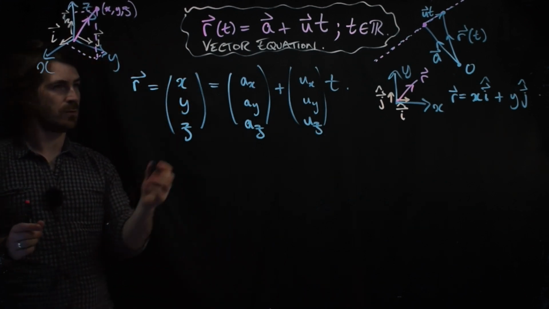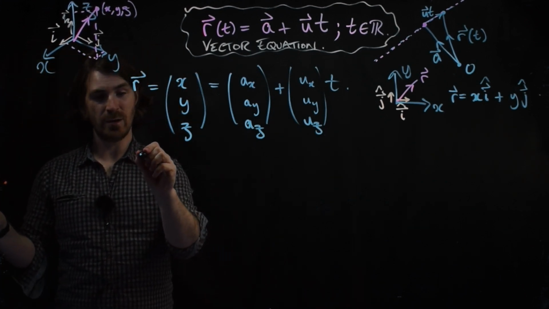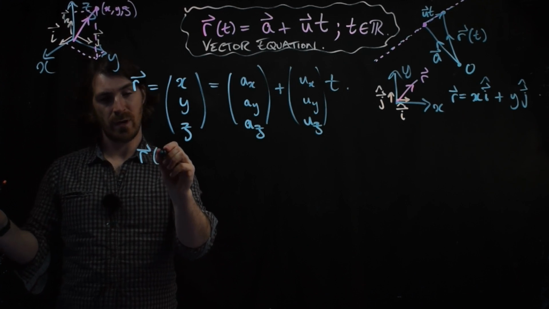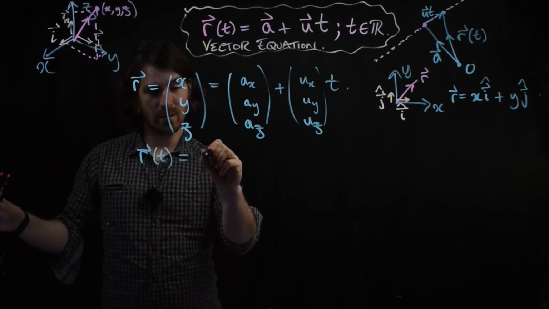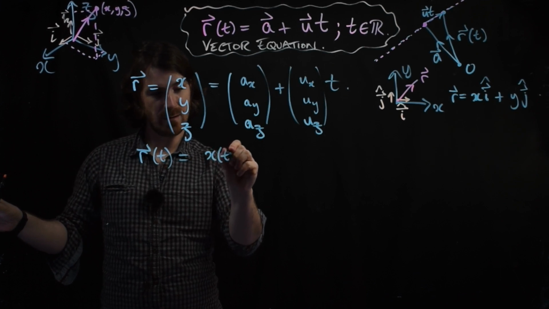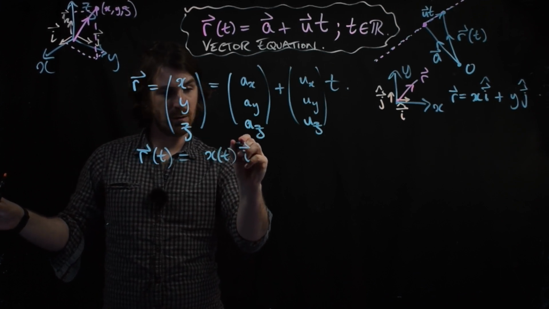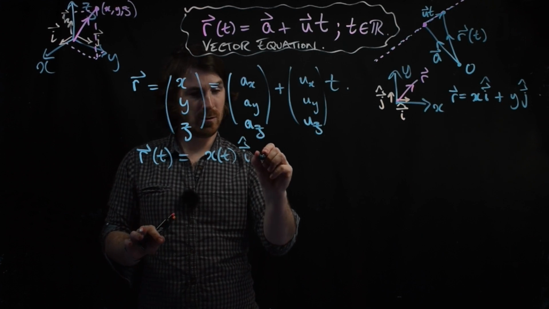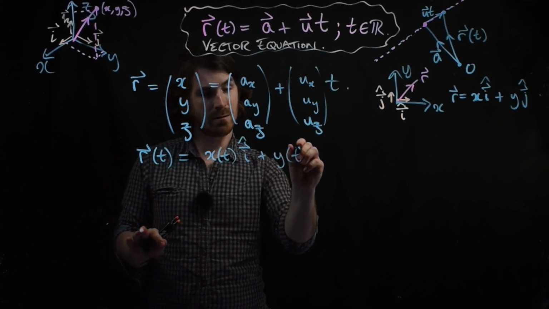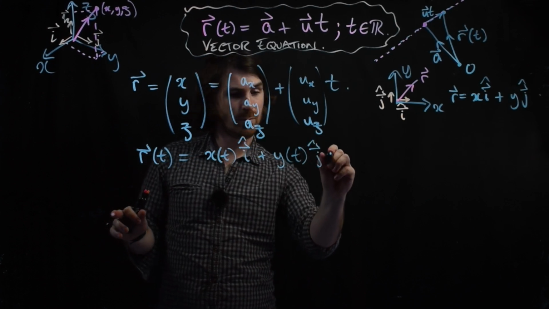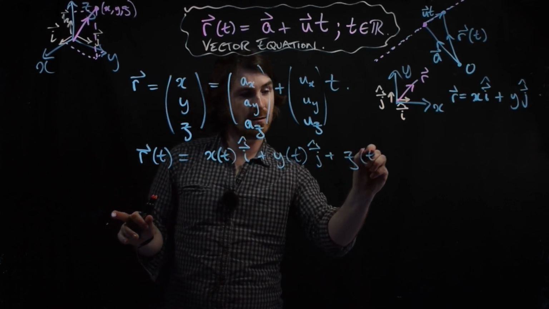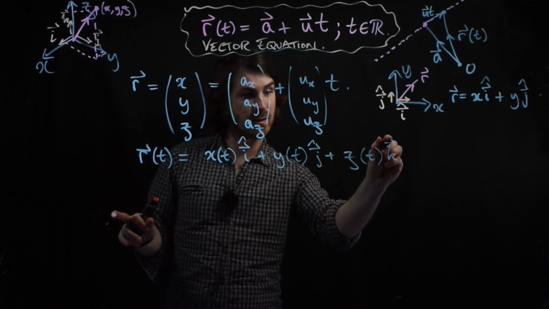So we're going to be thinking in general about 3D curves too, that depend on some parameter t, and they're going to be parameterized by x of t along this direction plus y of t along the y direction plus z of t along the z direction.